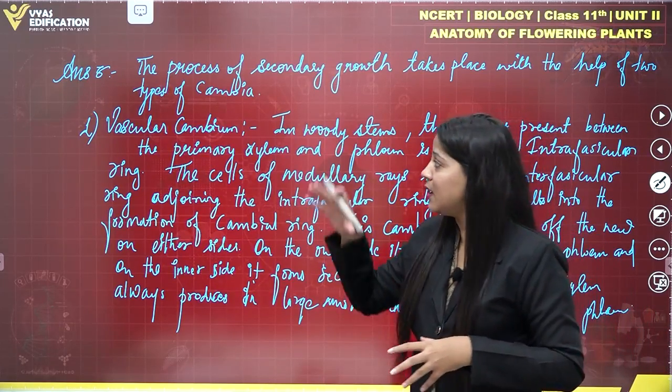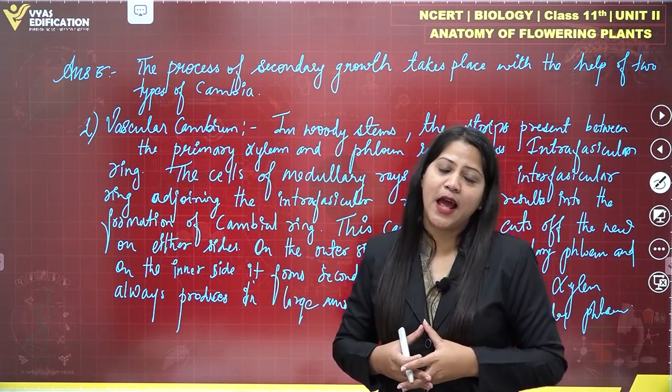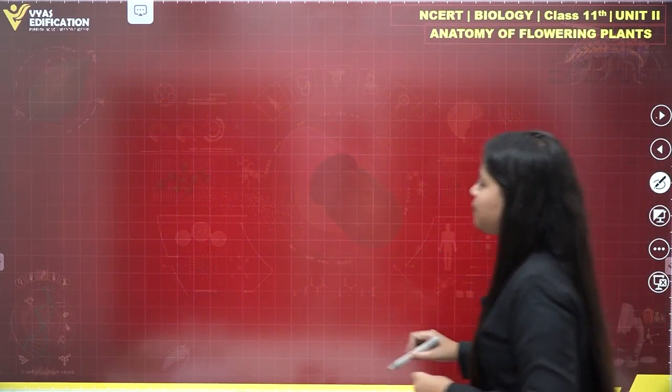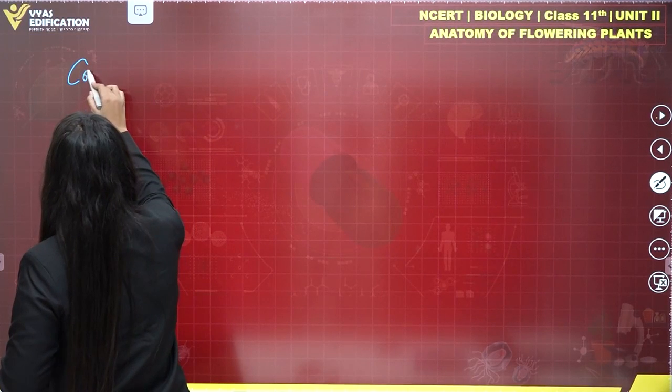Now we are left with the secondary growth in dicot stem with the help of cork cambium. Let's write that also. So let's write cork cambium.